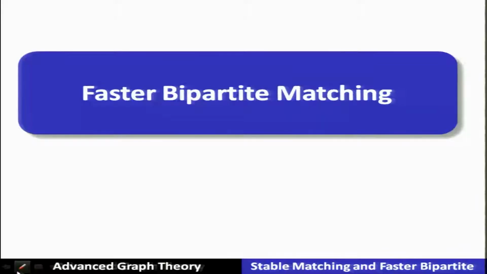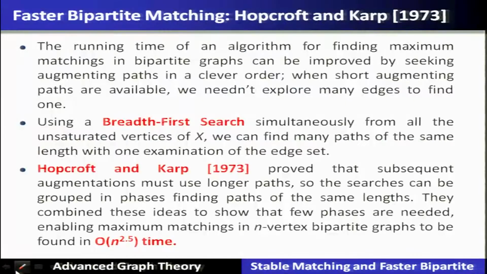Faster bipartite matching. Faster bipartite matching algorithm is given by the Hopcroft-Karp algorithm in 1973. Now, this algorithm will find out the maximal cardinality matching faster than the algorithm which we have seen earlier in the previous lecture.